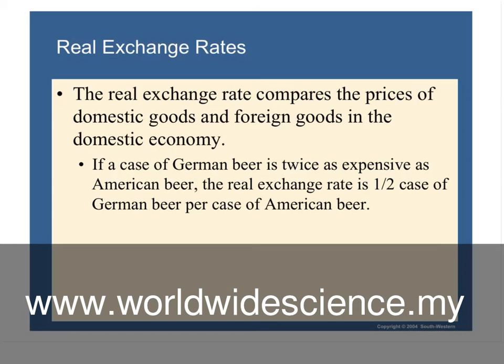So the real exchange rate is 1/2 case of German beer per case of American beer. So as you can see, the nominal exchange rate will play out differently when it comes to the real exchange rate, because we are dealing with products.